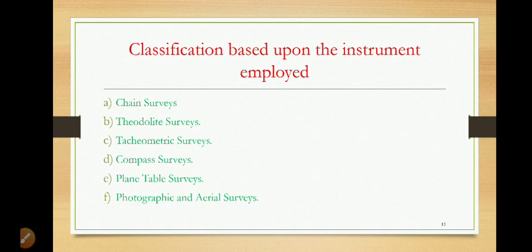And the next classification is based on the instrument employed. It's a common classification. The first one is chain survey, theodolite survey, tacheometric survey, compass survey, plane table survey, and photographic and aerial surveying.